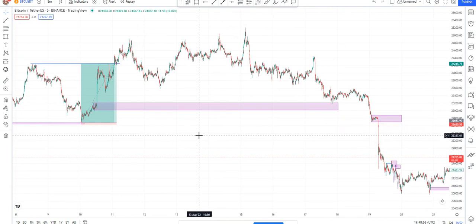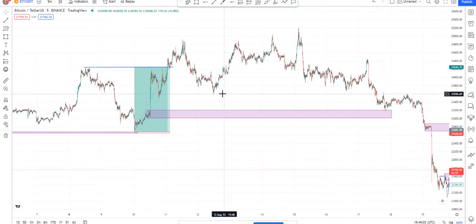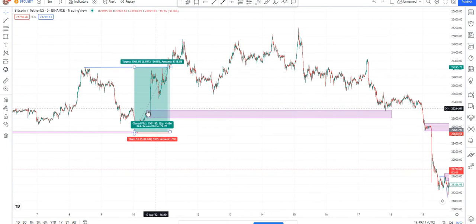Since the other one created an impulsion, then came back to the point of interest, then made another impulse move, I was hoping that this one is also going to work out.